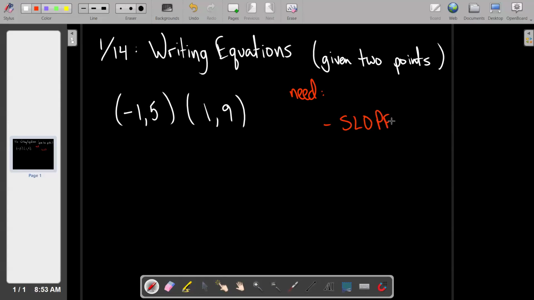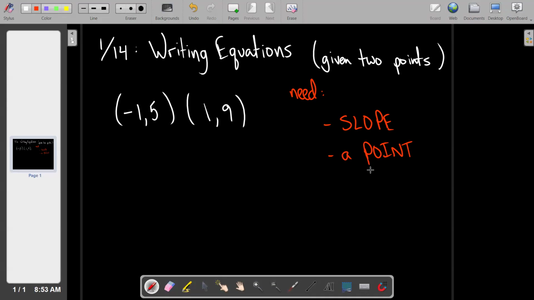That is never going to be something we can do without. What's the other thing we need? A point. And if that point happens to be the y-intercept, then that conversation arises.